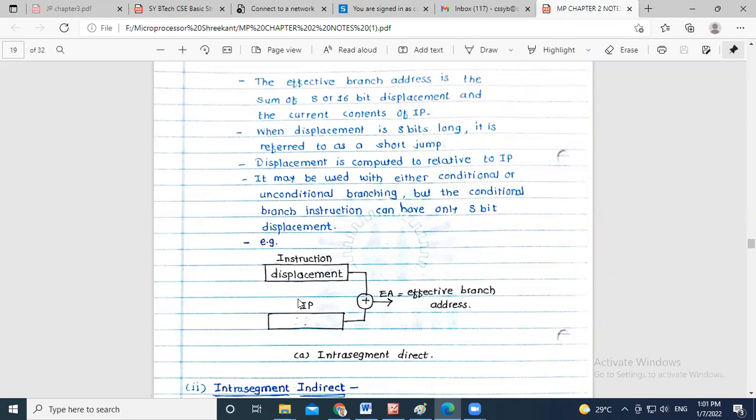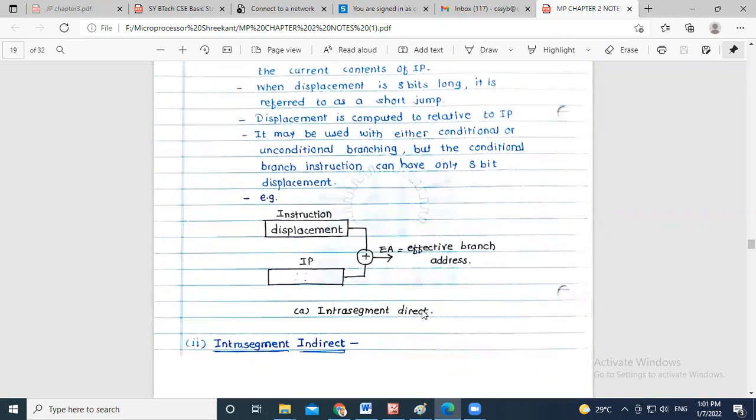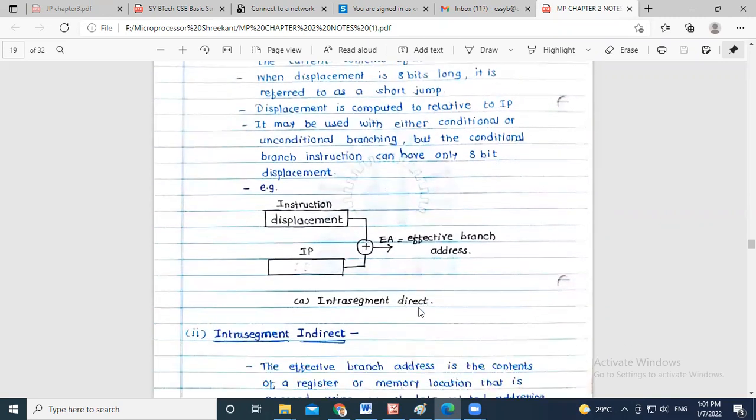But in the branch related addressing modes, we compulsorily have to use the instruction pointer. The pointer points to the location of another data or value. So these are the notations: in the instructions we use the displacement and the instruction pointer given to the effective address.